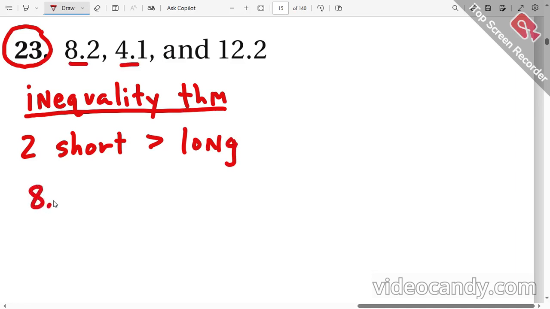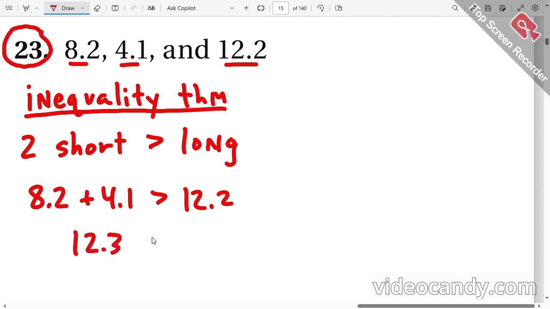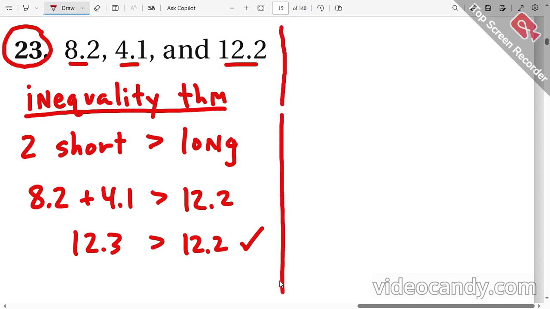So we're going to do 8.2 plus 4.1, and make sure it's greater than the longest, 12.2. 8.2 plus 4.1 is 12.3. Is that greater than 12.2? Yes. So we can continue. If it was no, then we would just stop right there and say that it's not even a triangle.